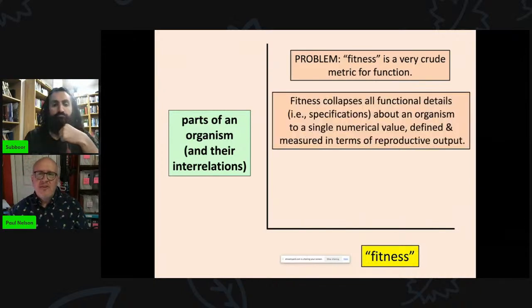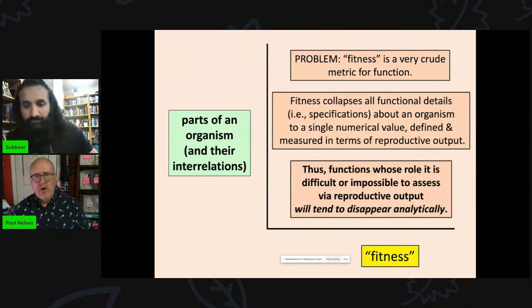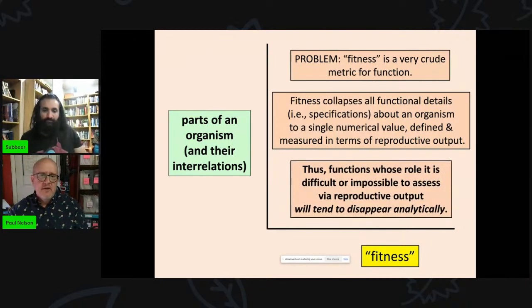Now, fitness is a very crude metric for function. Very crude. In fact, if you look in a textbook of population genetics or evolution, fitness is typically defined as a single numerical value given to or measured in terms of reproductive output, a single numerical value between 0 and 1.